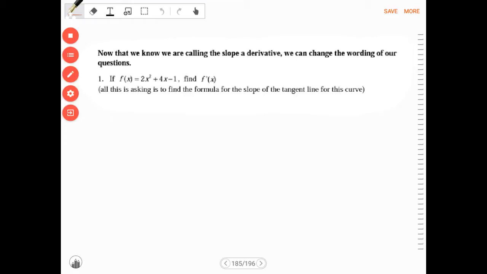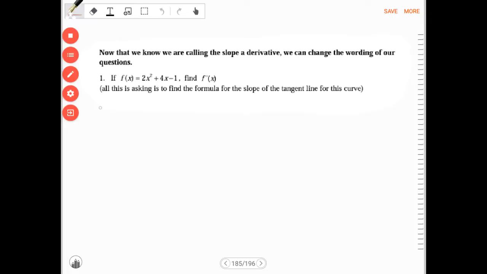Our only skill to do this right now is that the slope is going to be the limit as h approaches 0 of f of x plus h minus f of x all over h. This is that formula we use. It's all good. So let's just carry on.